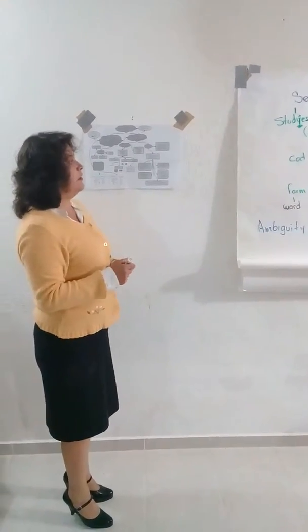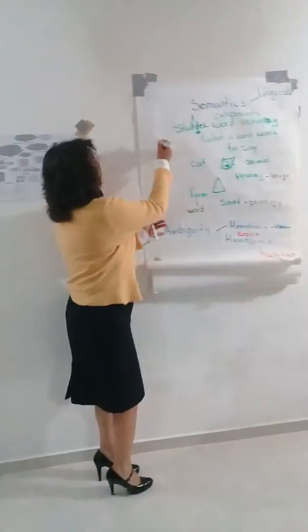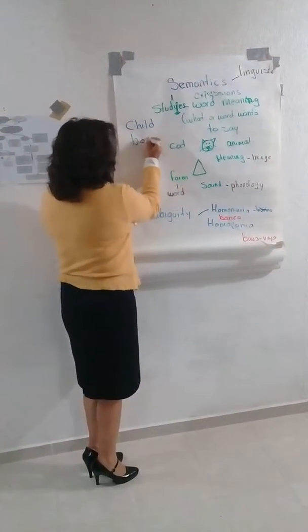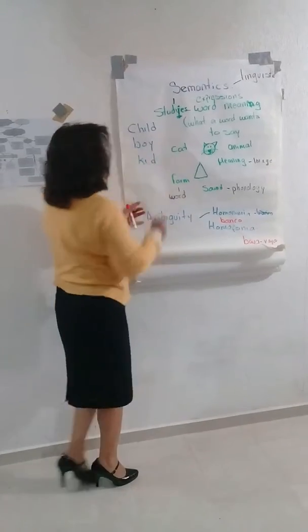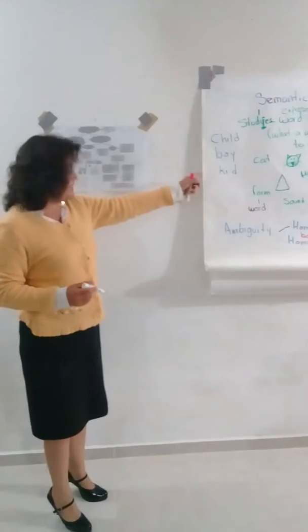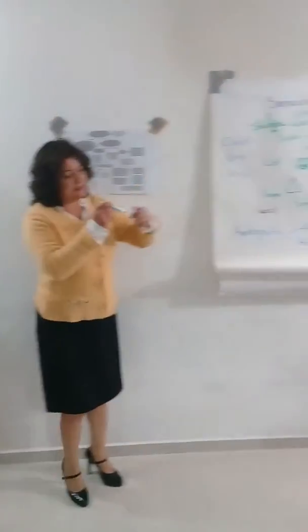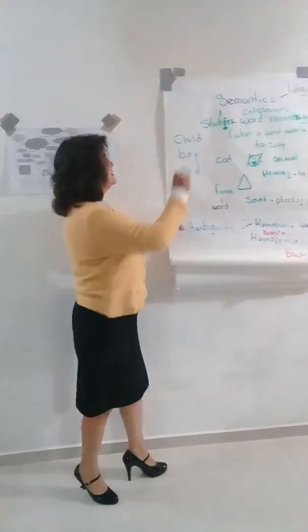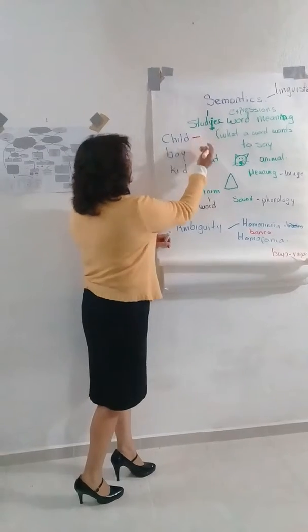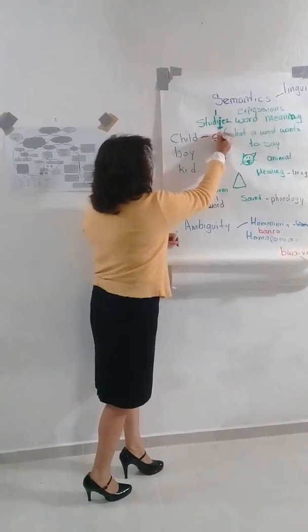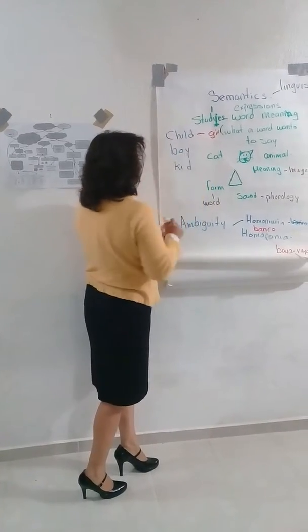A synonym of child: boy, kid. These three words are synonyms. They mean the same. The antonym, in this case I am going to use the same example: boy, girl.